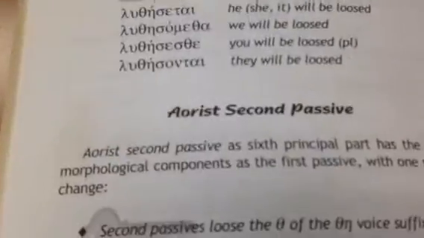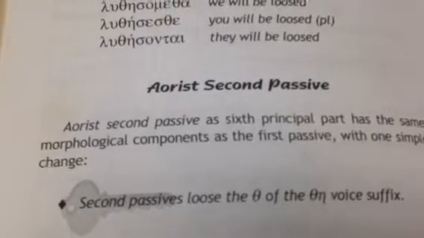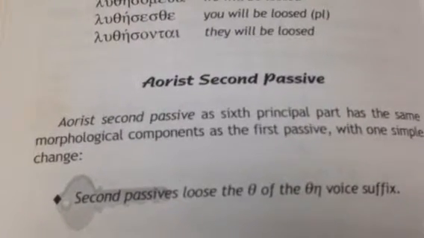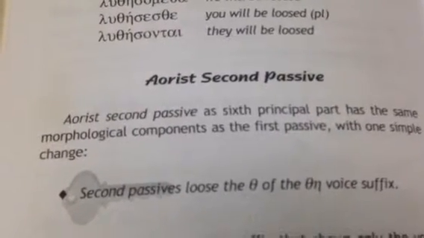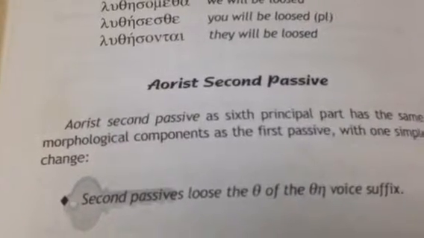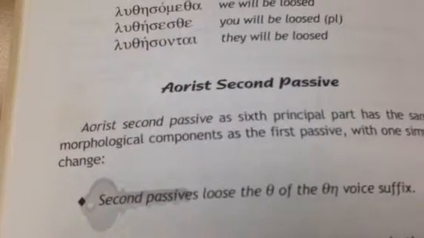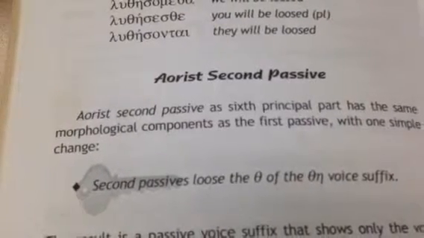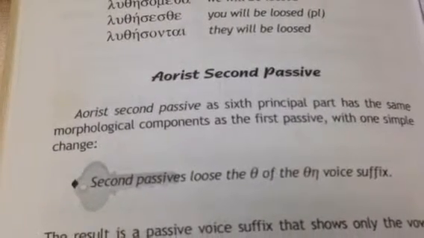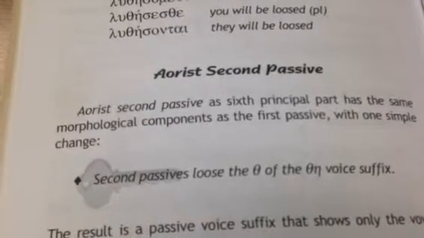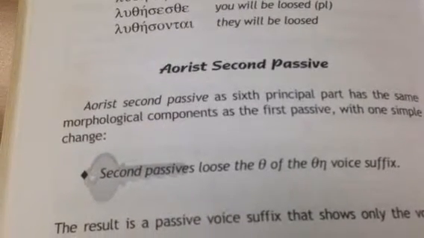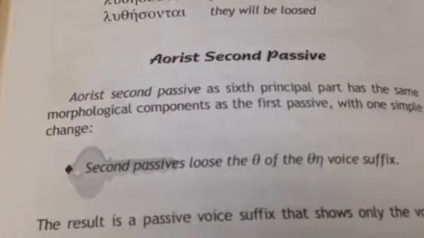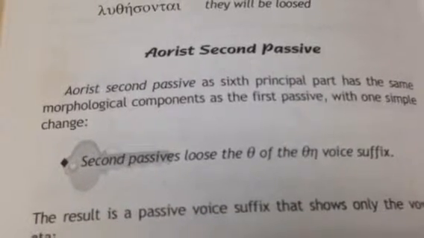Okay. Now then we also have second passives, both for the aorist and the future, and that has solely to do with the voice suffix. This is not to be confused with first and second aorist tense forms. Okay, this is the voice suffix. So a second passive loses the theta of the theta eta.